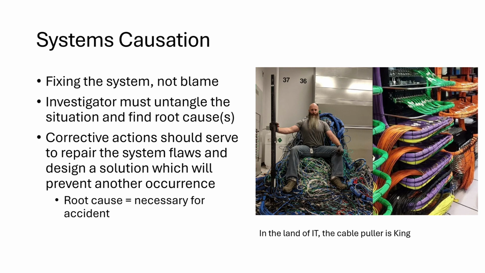That's technically true from a causal perspective, but your corrective action plan should holistically explore the situation, repair the system flaws, and try to design a context that will also prevent another occurrence. Because if the root cause was enabled or made more likely by contextual factors, not solving those is just kicking that can down the road until you get another similar incident.